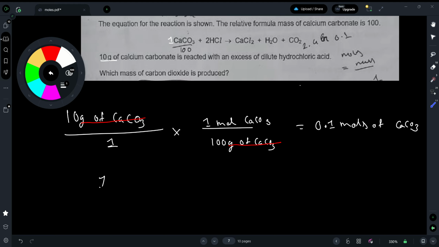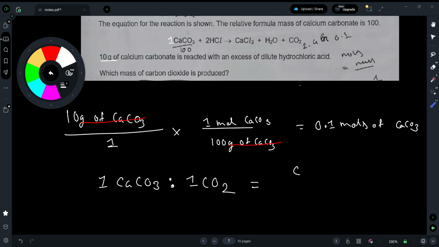We're concerned with finding carbon dioxide. So for 1 calcium carbonate, you're going to get 1 carbon dioxide. That's just the ratio, 1:1.